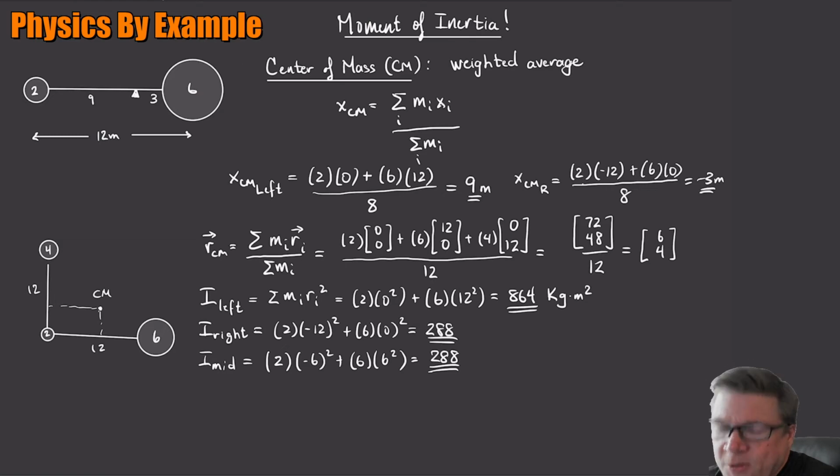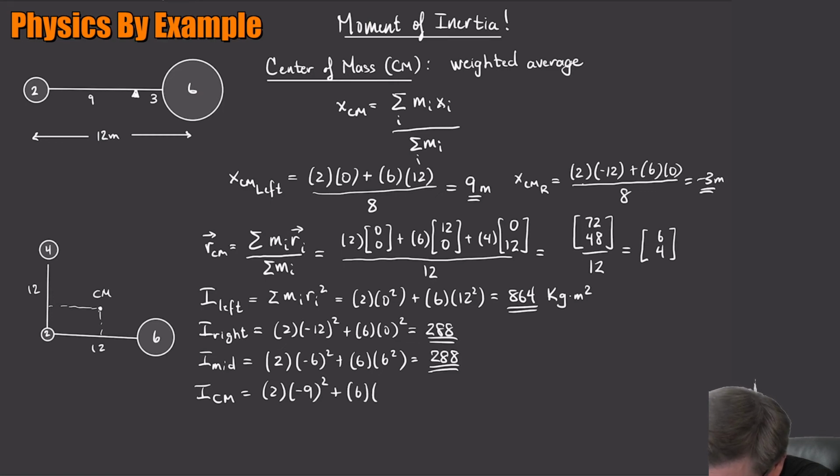So let's compute the moment of inertia about the center of mass. How about that? At the center of mass, where is the 2? The 2 is going to be 9 away, and the 6 is going to be 3 away. So what's that going to be? 81 times 2 is 162, plus 54.